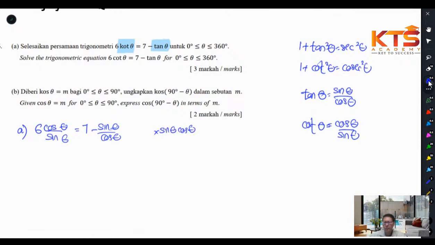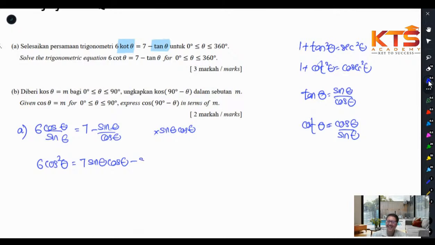So I will have 6 cos squared theta equals 7 sine theta cos theta. If wrong, never mind, you try again. Yes, 1 over tangent. Gretel, you are smart. Why are you so smart? Show me your A plus.